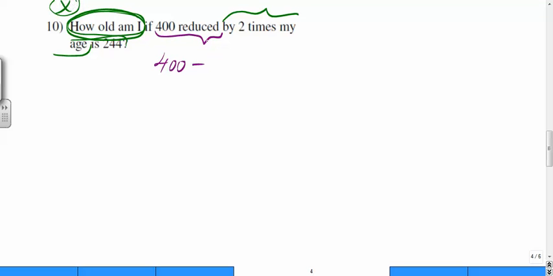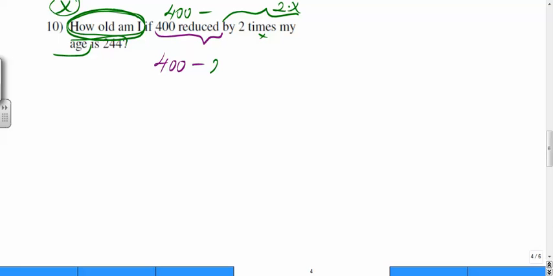So 400 reduced, 400 minus, right? 400 minus 2 times, we know times stands for multiplication, 2 times my age. We established we use the variable X, minus 2X.